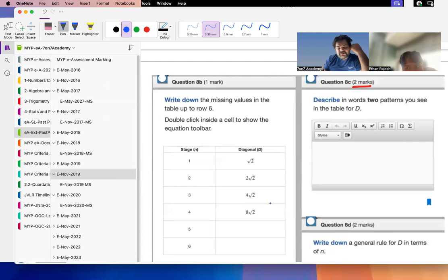Describe in words 2 patterns that you noticed. The previous question was like a standard one; now this is an extended pattern having a square root in it. How will you describe it for 2 marks? Description requires 2 descriptions, not 1.